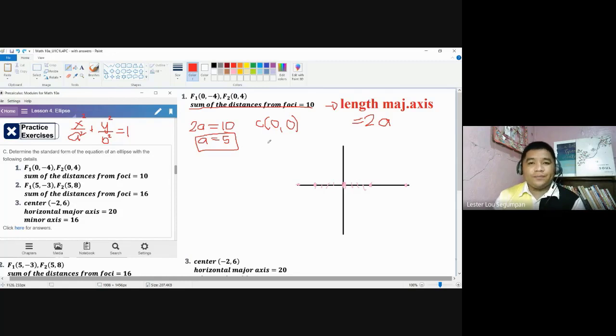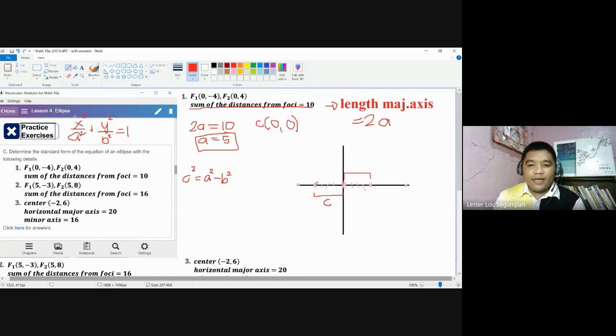How about b? The distance from the foci to the center is the value of c. But wait, are we asking for c or b? We're looking for b, but by finding c, we can solve for b using the formula c squared is equal to a squared minus b squared, as discussed in the previous video in your module. c is the distance from the center to the foci, and the other way around.